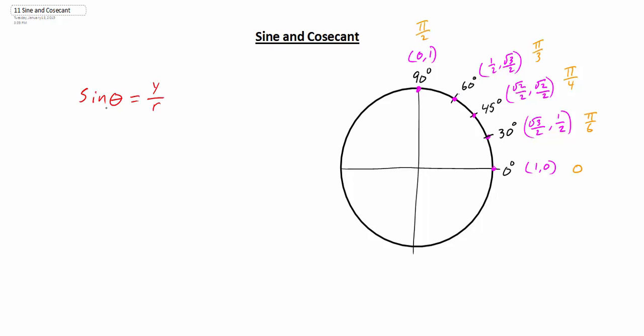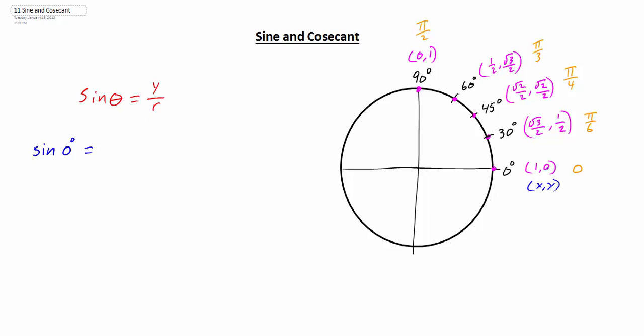If we look at the sine of an angle, I'm going to start with degrees, and a little later I'll go into radians, but whether we say 0 degrees or 0 radians, it's going to be the same answer. When we say we want to find the sine of 0 degrees, we go to 0 degrees and look at the y-coordinate, since the sine function is y over r.